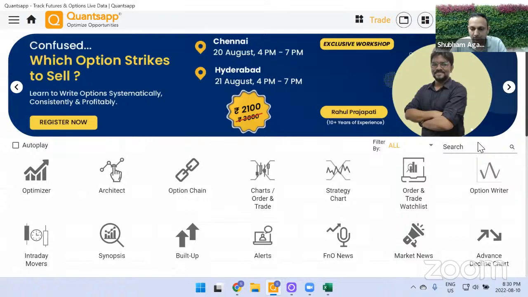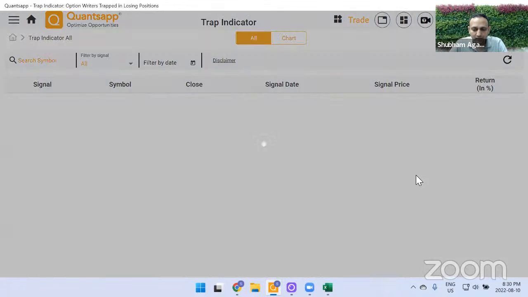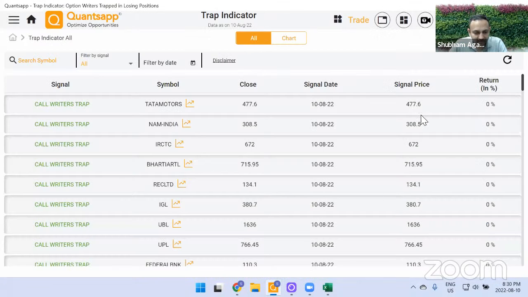So if I go back to the trap indicator, let's say the bhav copy is not updated for the day, and you're looking at this data, then you might have maybe Tata Motors as a buy signal.